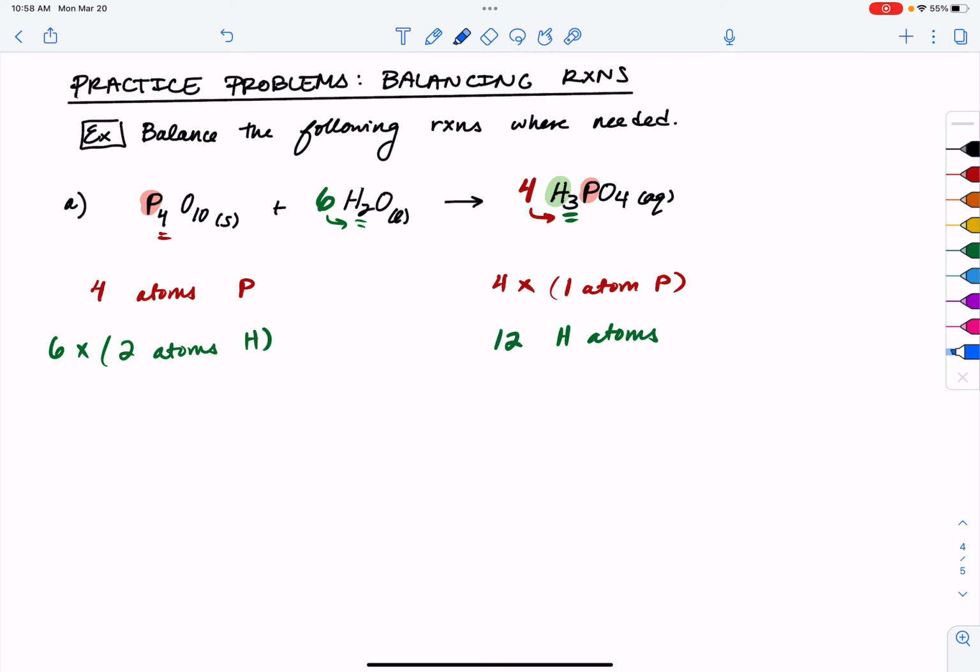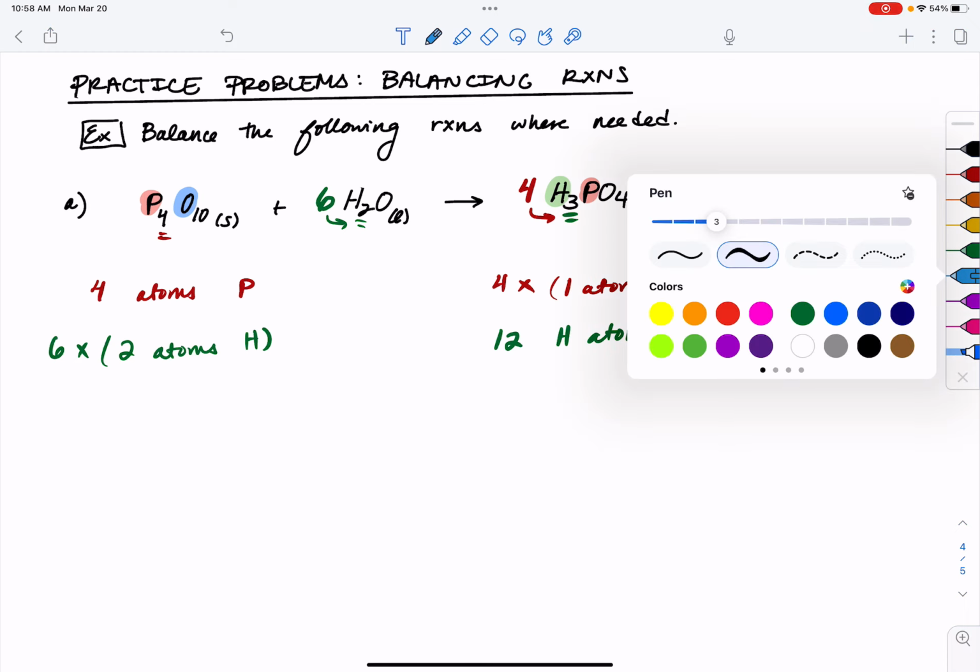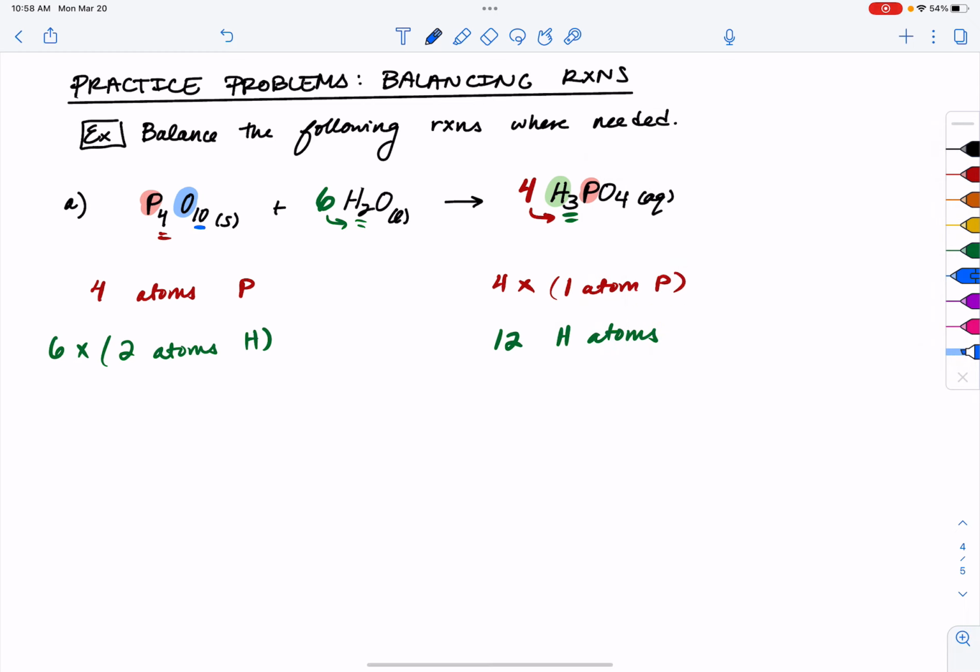Okay, let's look now at oxygen. It doesn't matter where, so let's start on our reactant side. In P4O10, I've got 10 oxygen atoms. However, P4O10 is not my only source of oxygen.